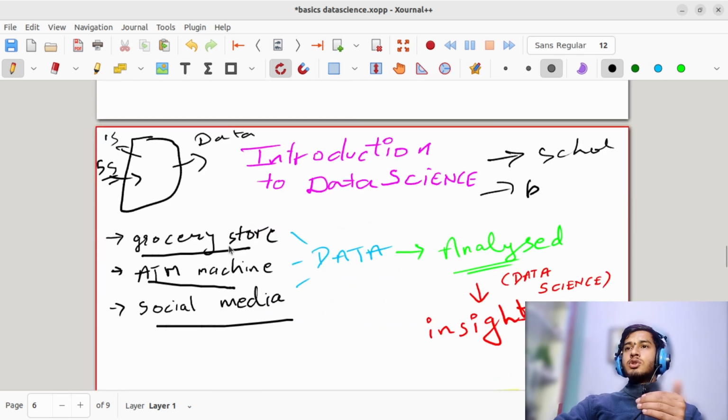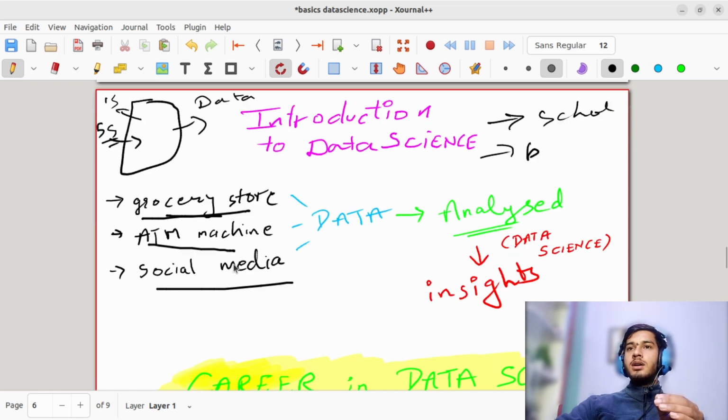In today's world, everywhere you will see data. In a grocery store, if you buy an apple or any grocery item, you get a bill at the end with the item name and the price, item name and the price. This is data that is generated whenever you visit a grocery store.